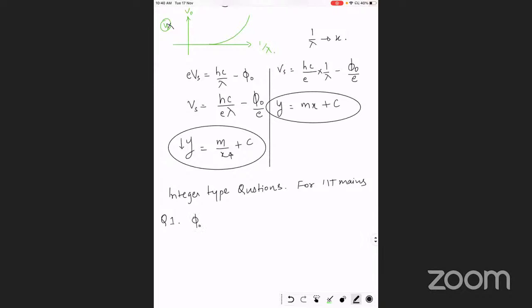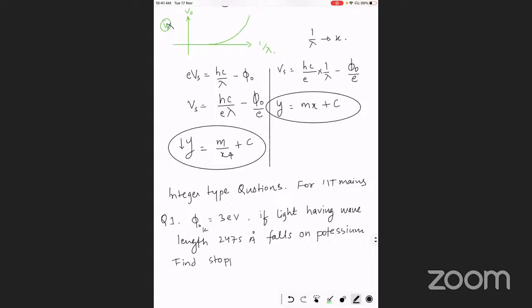पहला क्वेश्चन है, the work function for potassium is 3 electron volt. If light having wavelength 2475 Armstrong falls on potassium, find stopping potential in volts.